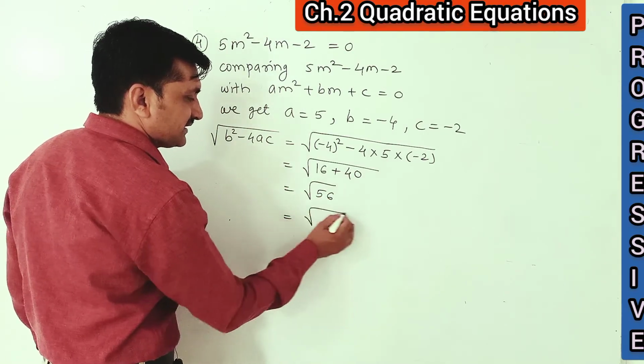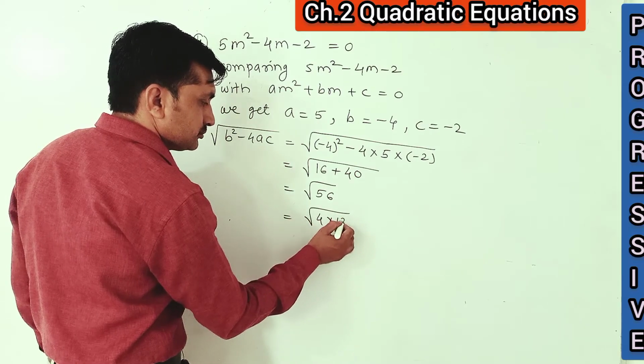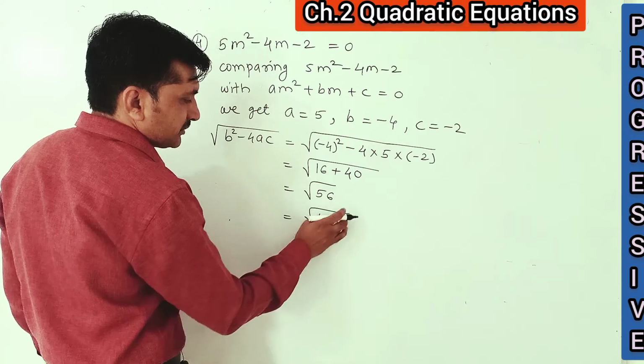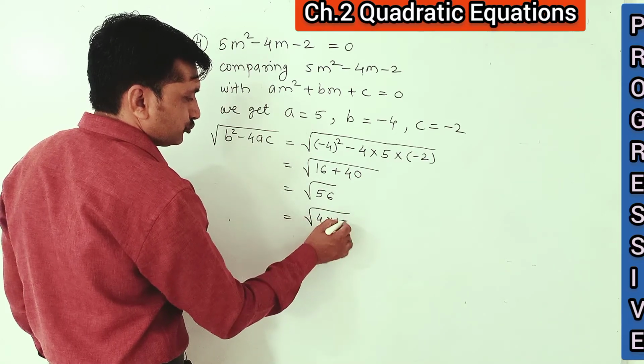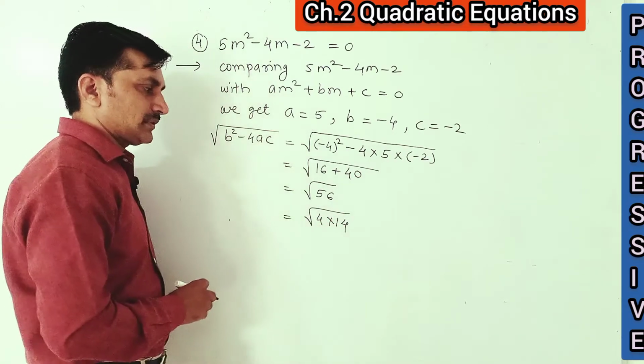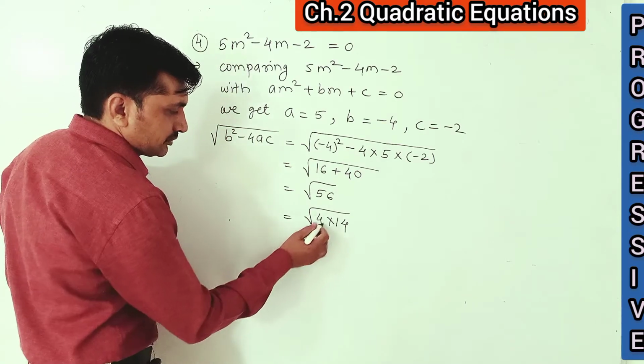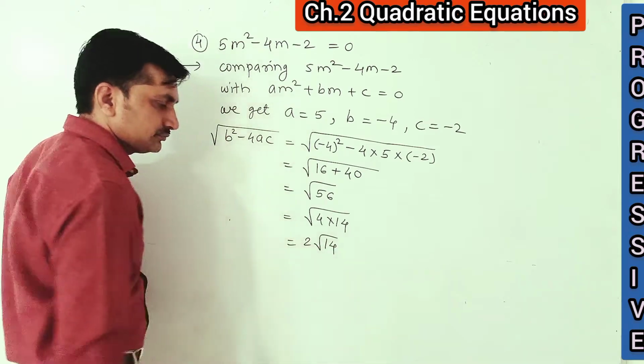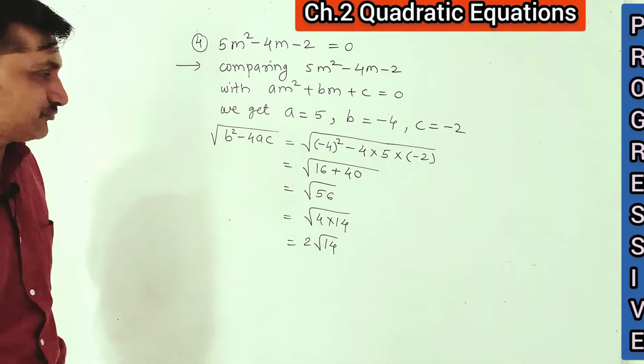Then 56 we can split as 4 into 14. Can we divide by 4? 4 ones are 4, 4 fours are 16. And if we take square root of 4 outside, then 2 root 14. This is the value of root b square minus 4ac.